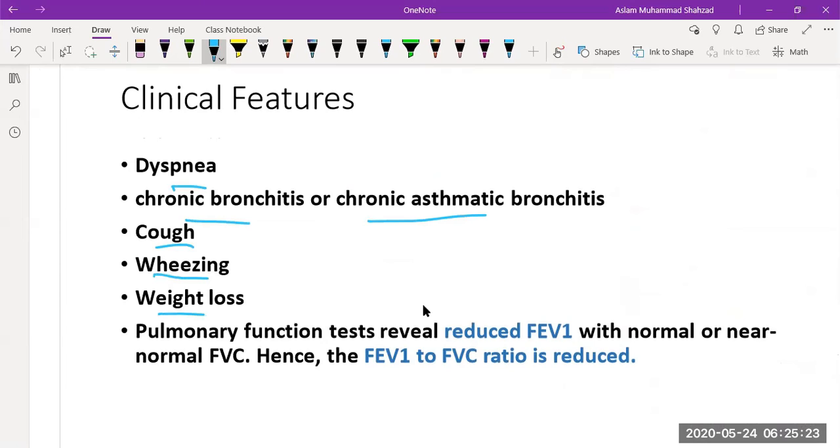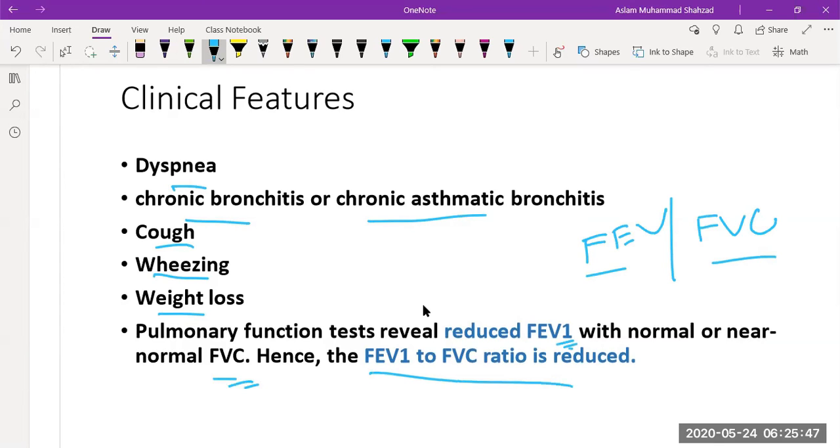Weight loss will appear, and the pulmonary function tests such as forced expiratory volume (FEV) and FVC show a reduced FEV1 with normal or near normal FVC value. So the FEV to FVC ratio is reduced. FEV stands for forced expiratory volume, whereas FVC stands for forced vital capacity.